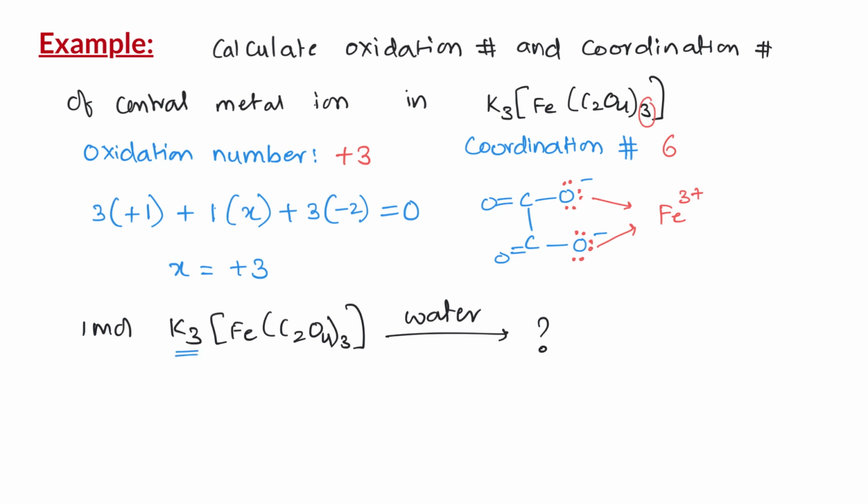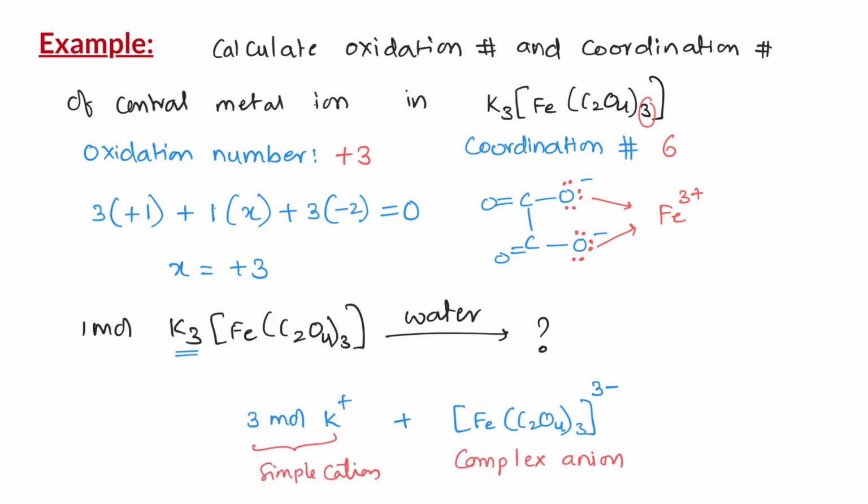Therefore, when 1 mole of this compound is dissolved in water, the 3 potassiums that are outside the square bracket ionize to form 3 moles of K+. And to maintain charge neutrality, the complex anion should have a -3 charge on it. This is an example in which we have a complex anion and a simple cation.